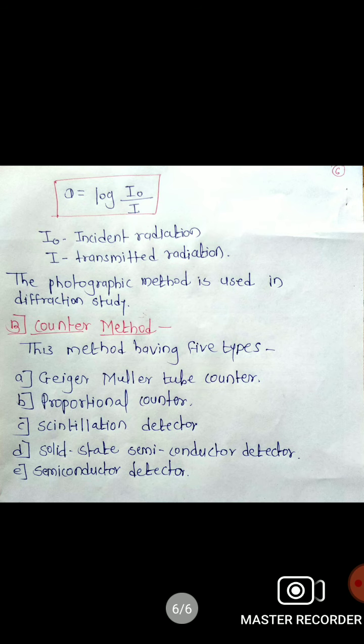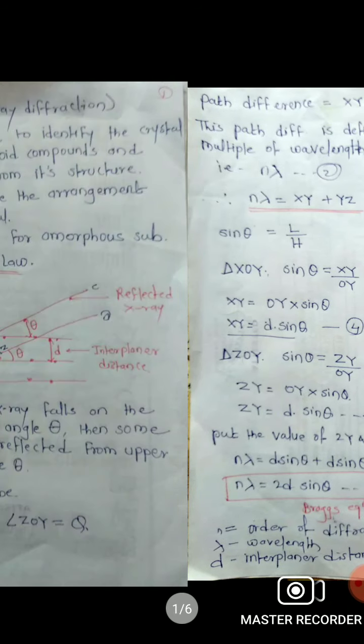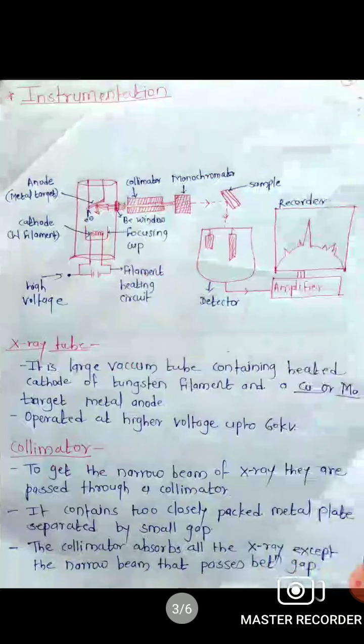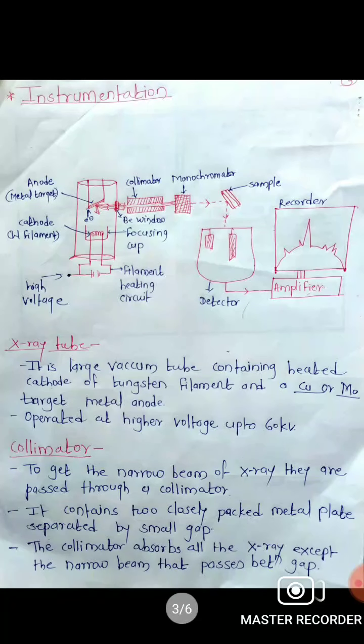Now we see the working of the method. When the tungsten filament is heated using the filament heating circuit, the tungsten filament produces electrons towards the cathode.